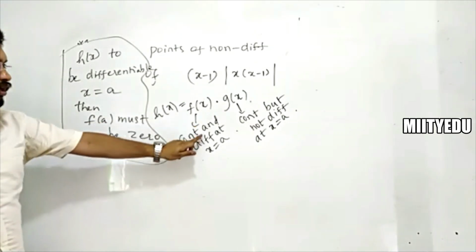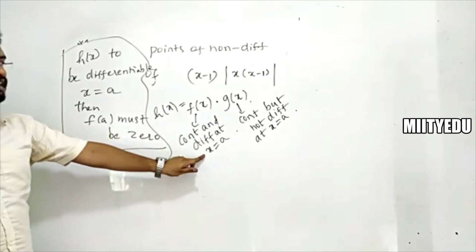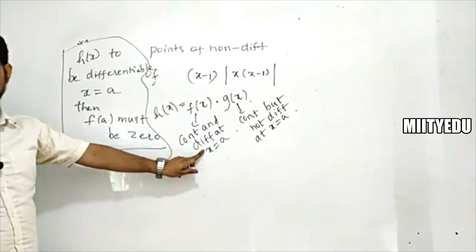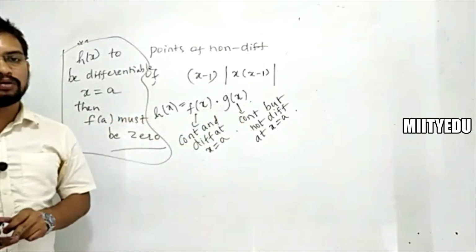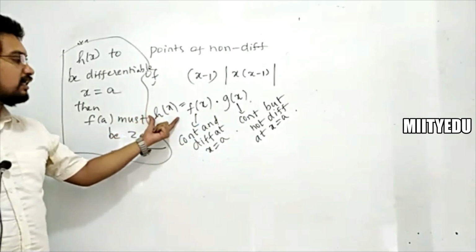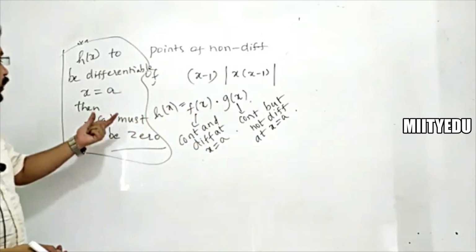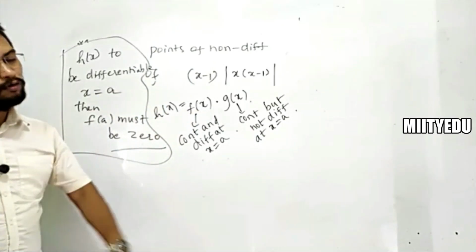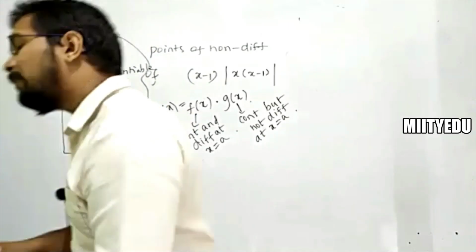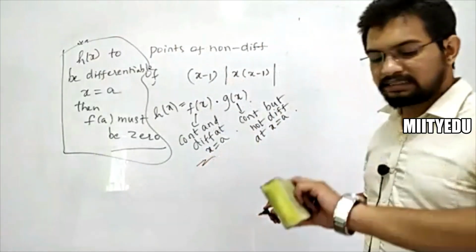This is continuous and differentiable at x is equal to a, and this part is continuous but not differentiable at x is equal to a. For this entire function to be differentiable at x is equal to a, f of a must be equal to 0. Proof for this we'll see in the next class, there's no time.